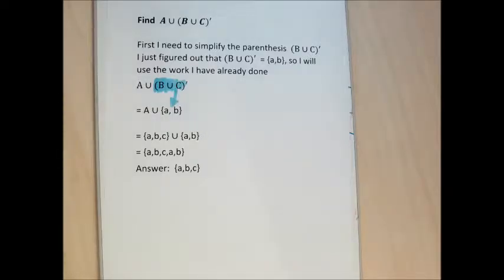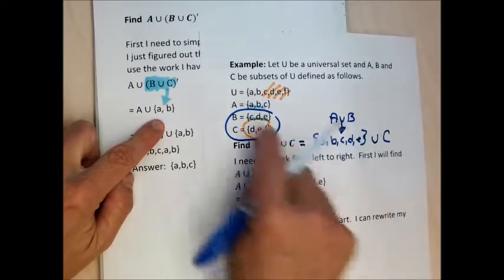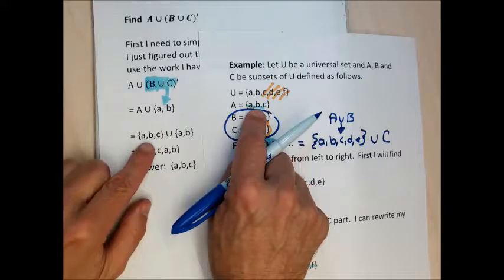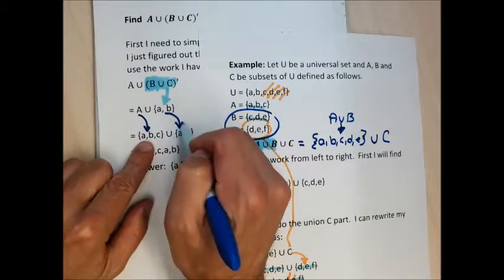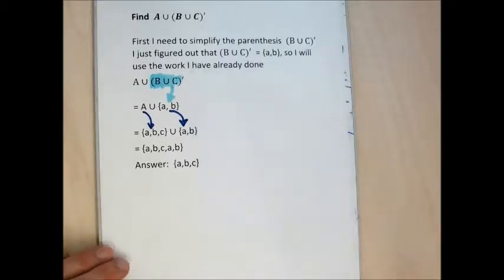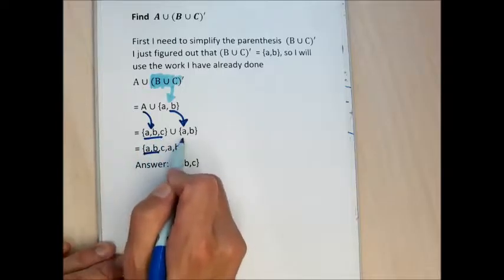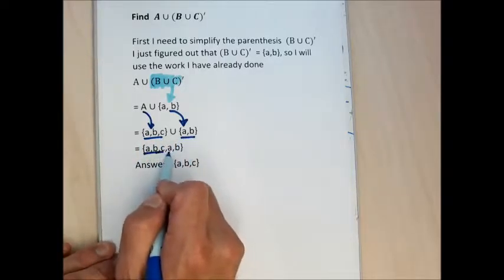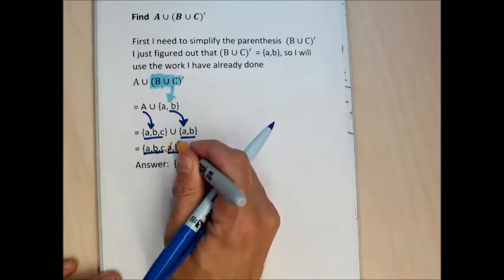So now I can do the union part. And how do I union set A with B union C complement? Well, I write down what set A was, which is a set containing A, B, and C, followed by what B union C complement is, which is A and B. I take all the elements of the first set, A, B, and C, followed by all the elements of the second set, A and B. I write them down in a big set, and any letter that's written twice, I cross out one of them and only write that letter once.